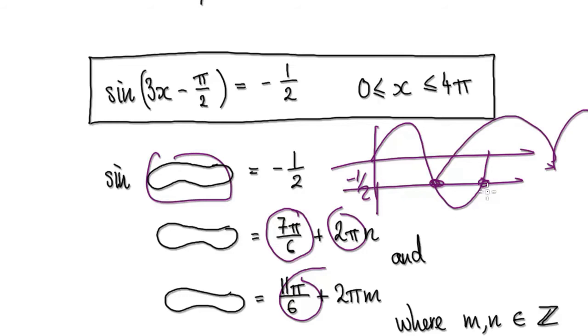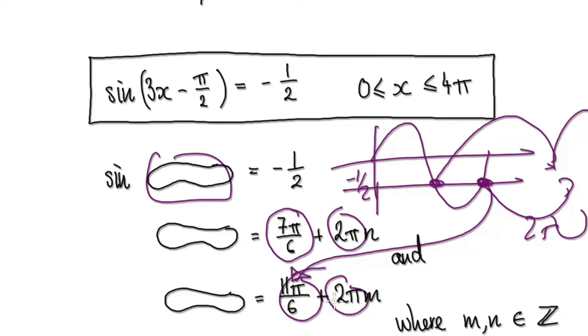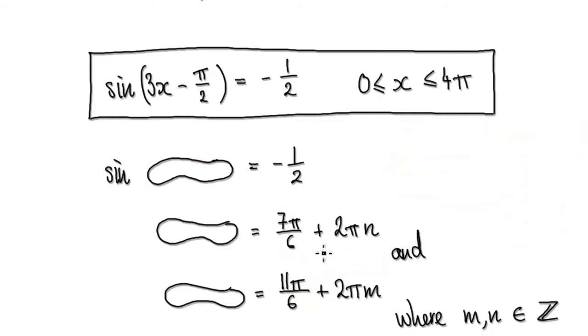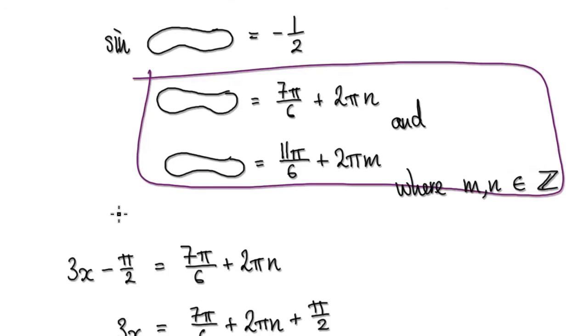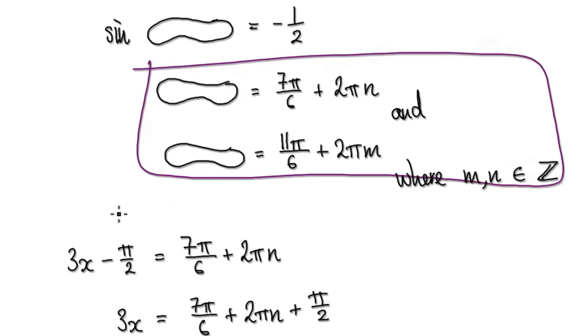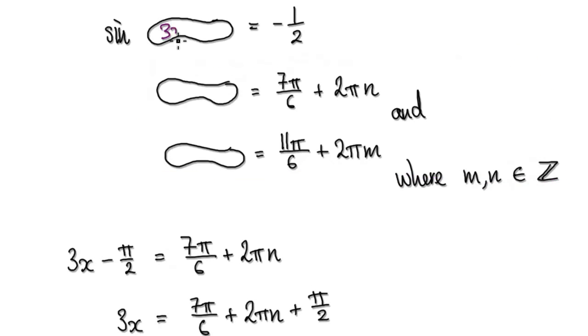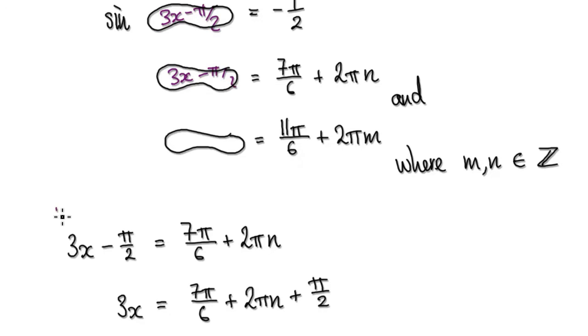Then this point here is this thing here, and then another multiple of 2 pi and so on. So that will then take us to here. Okay, and now we can put that in. Remember, this thing was 3 pi minus pi over 2. So this means 3 pi minus pi over 2 and so on. That will then take us to here.